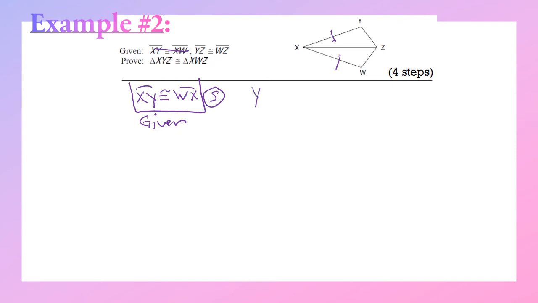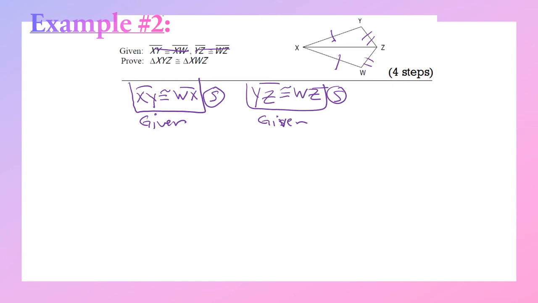The other thing I know is YZ is congruent to WZ. Again, YZ is right here, WZ is right here. I know that because it's given. Some of you will ask if you could put that in the same box. Yes, because both already have congruent signs and they're kind of dead-end statements. I have no problem with you putting those in the same box.